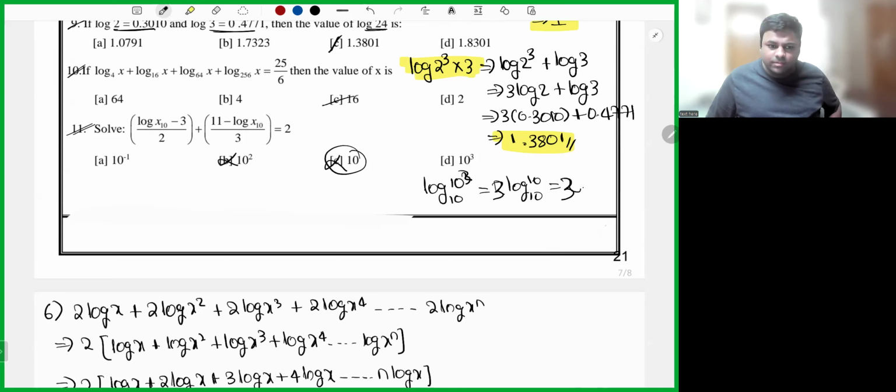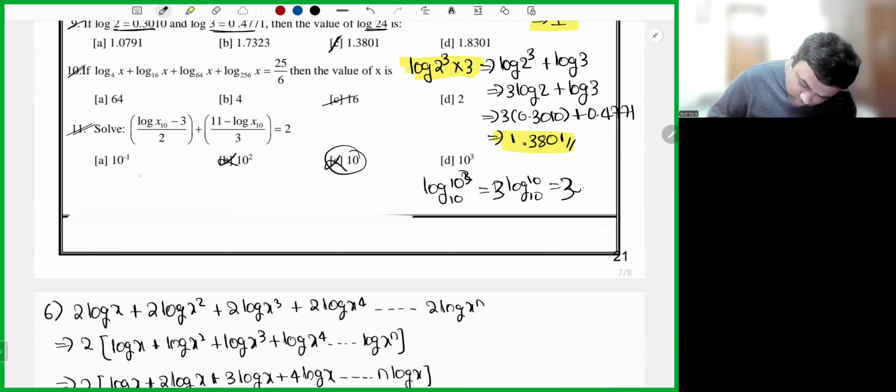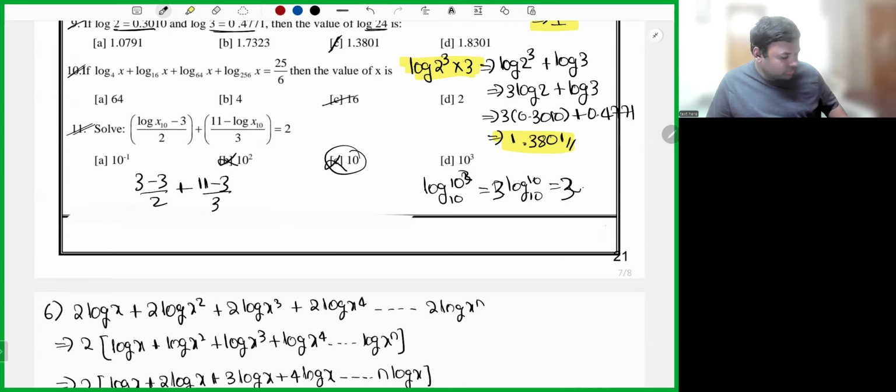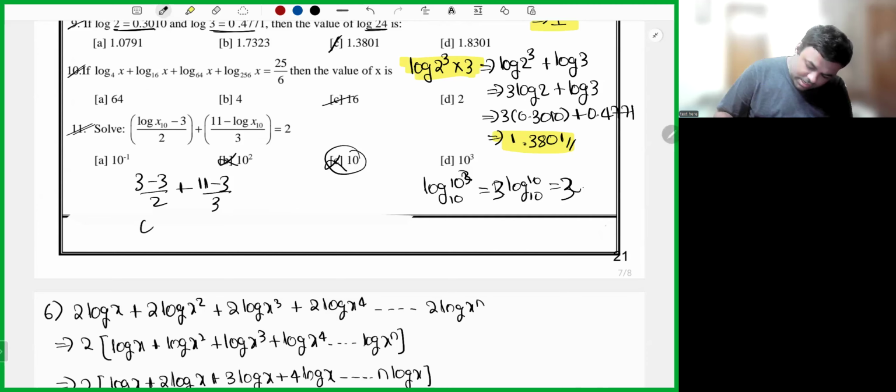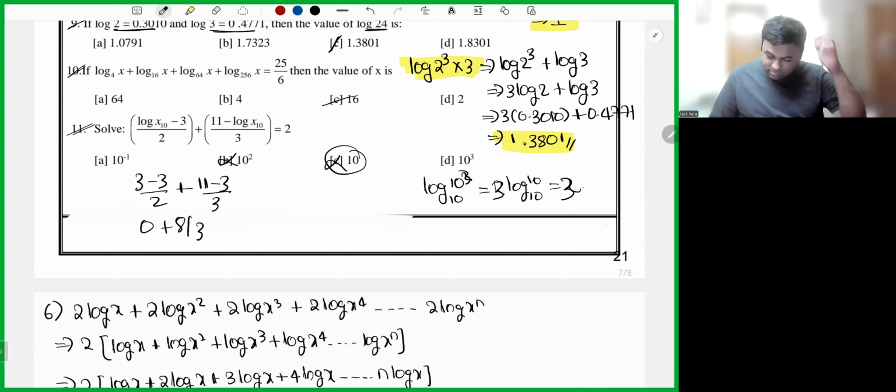So the answer will be 3. 3 minus 3 by 2 plus 11 minus 3 by 3. Now 3 minus 3, 0. 0 by something, 0 plus 8 by 3. Again, unfortunately, it's not equal to 2. So D can't be the answer.